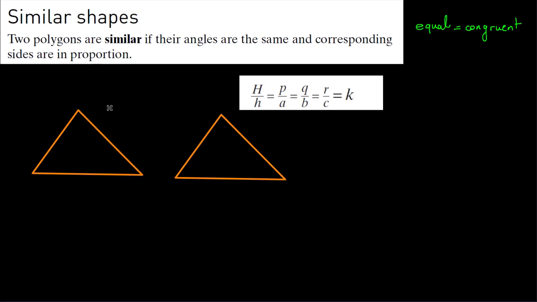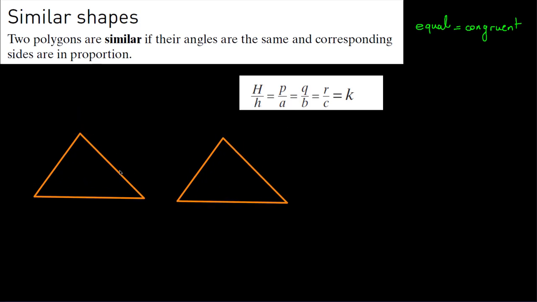Similarity means there is a ratio between them. So one of them should be bigger than the other one, and there should be a ratio here as you see. Let's say this angle is 75 degrees and this one is 60 degrees. Then this angle has to be 180 minus 75 minus 60, which is equal to 45 degrees, because the sum of the interior angles of a triangle is 180.